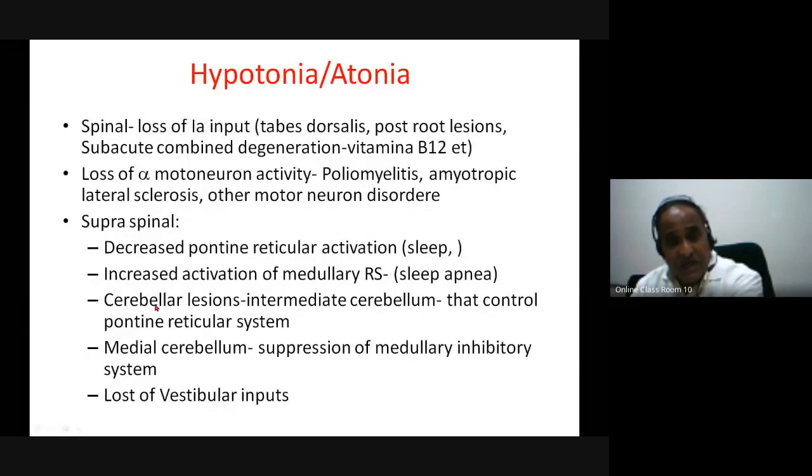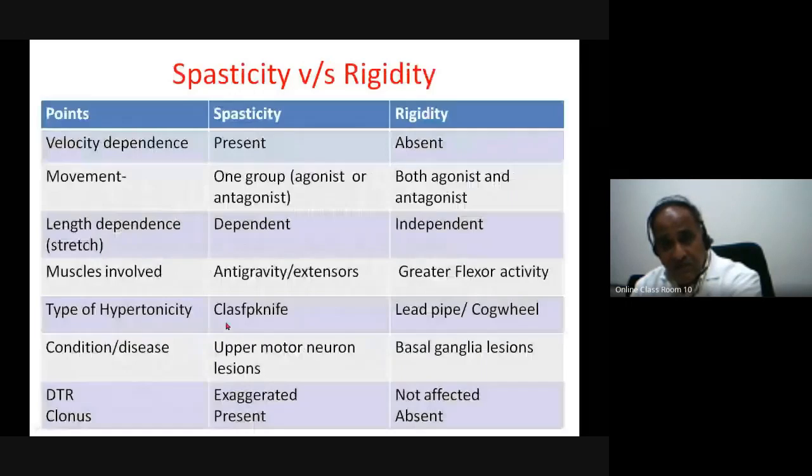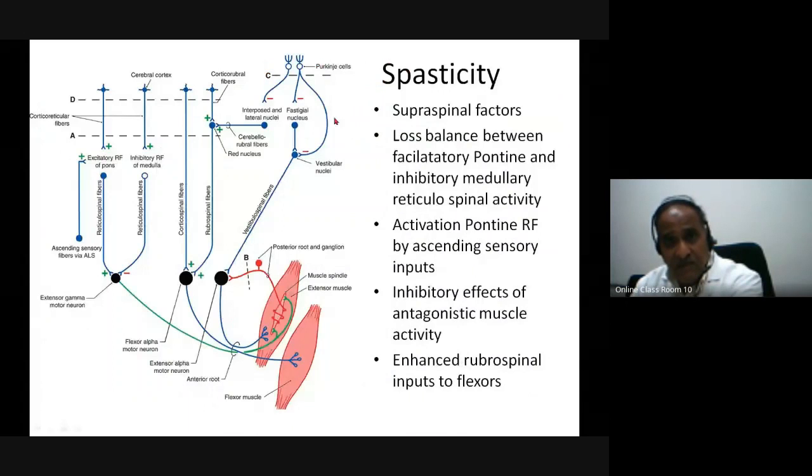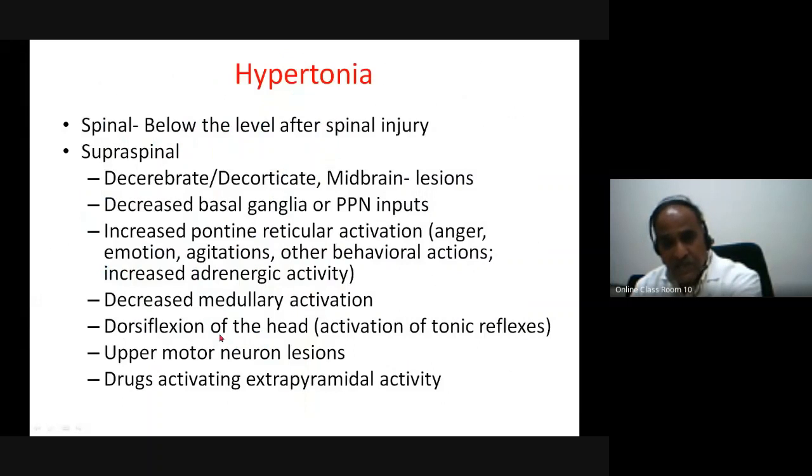Then come the cerebellar lesions. The intermediate cerebellum controls the pontine reticular system. So if I am looking back here, the intermediate cerebellum controls this pontine nucleus, which is excitatory here, and that is lost. Once that is lost, you have decreased tone, atonia, and that is more evolved in human beings.